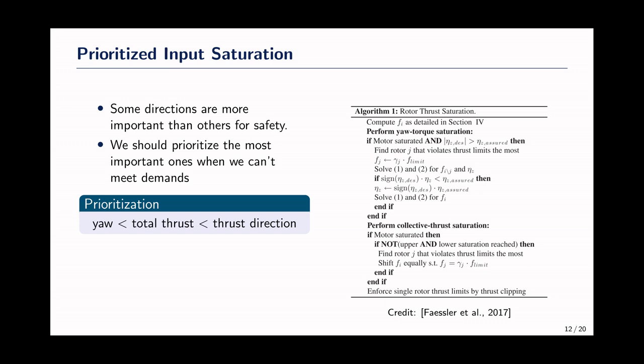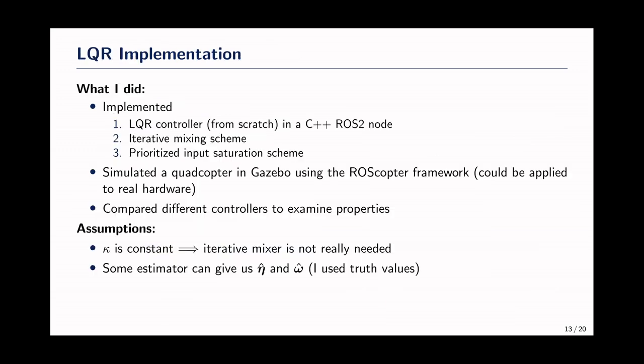We'll clip the forces and move on. You can't do better than that. If your desired forces are too high, you're going to end up clipping your thrusts. But using this scheme, there are a lot of intermediate cases where we can do intelligent things and have some pretty nice results, as we'll see later.